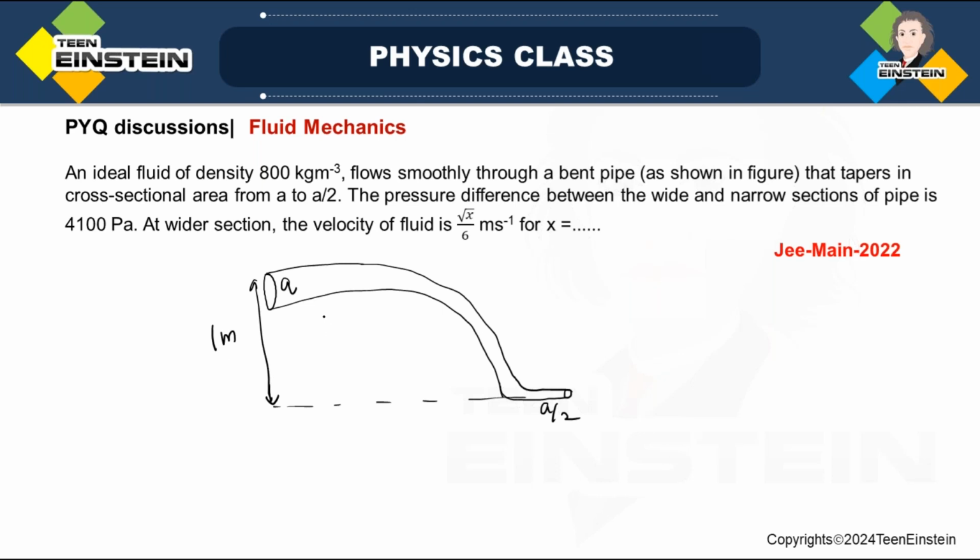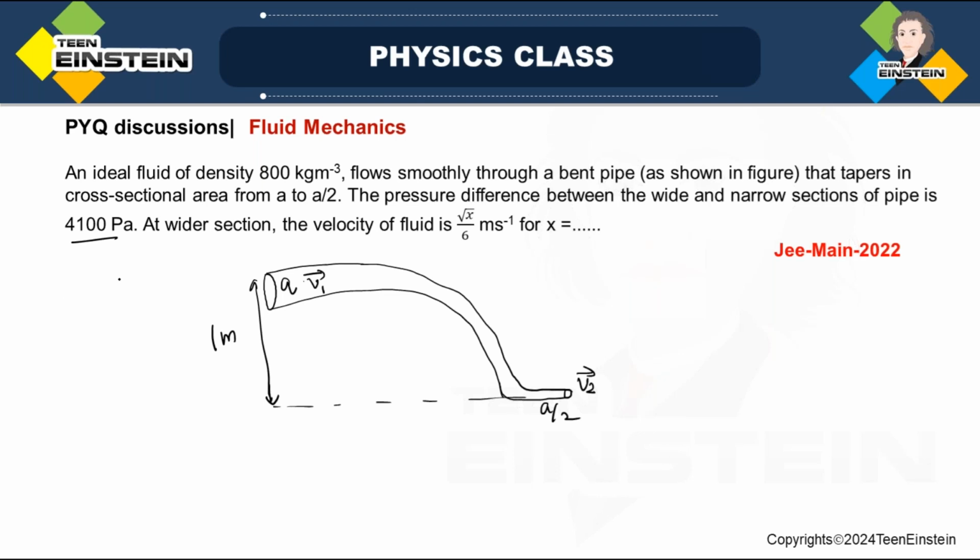What else is given? The velocity here is v1 and here the velocity is v2, given like this. Okay, coming out of this, as you know. The question is saying that the pressure difference between the wide and narrow sections of the pipe is given.